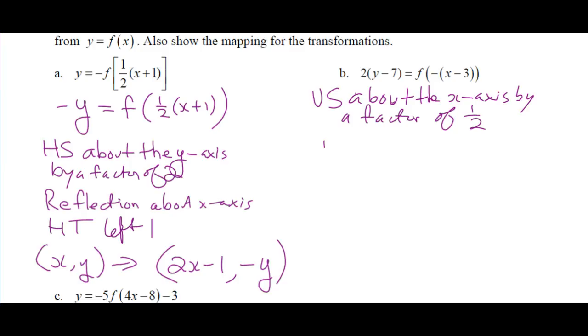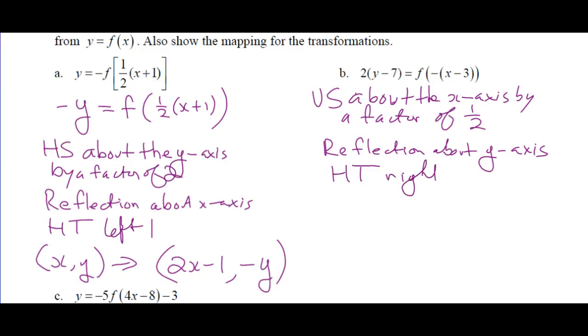Reflection about the y-axis. Is there another reflection? Is there a horizontal translation? Which way? How much? Right 3. Is there a vertical translation? Which way? Up 7.